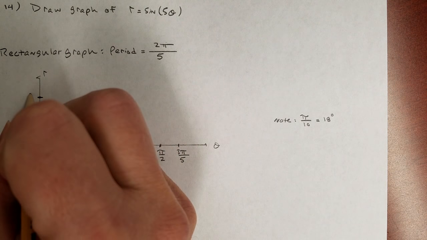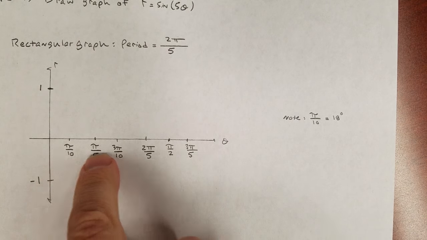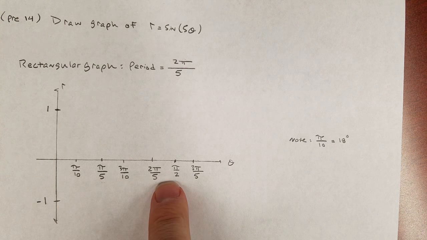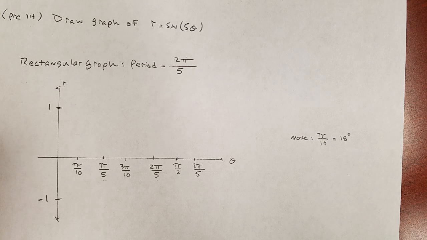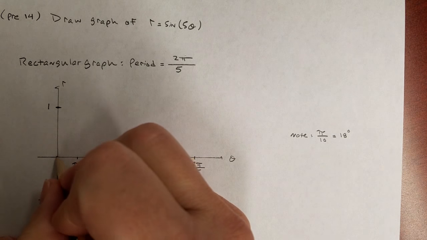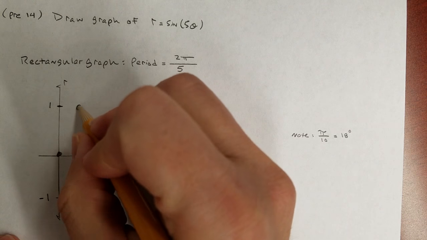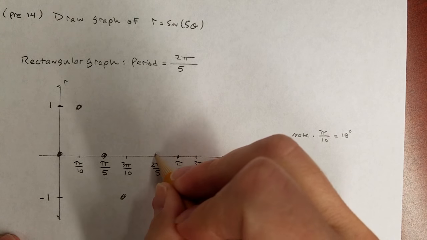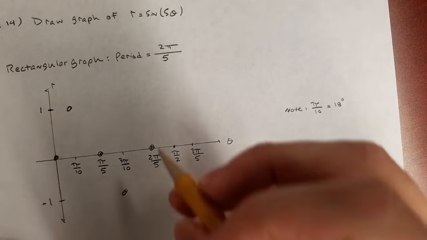Now, of all the angles you could have used to draw the graph, the reason I chose these is because you'll get ones and zeros if you do it that way, and that's nice. So the sine wave starts at 0, goes to its maximum value of 1, back down to 0, then to its minimum value of -1, then back up to 0. And then that pattern would repeat.